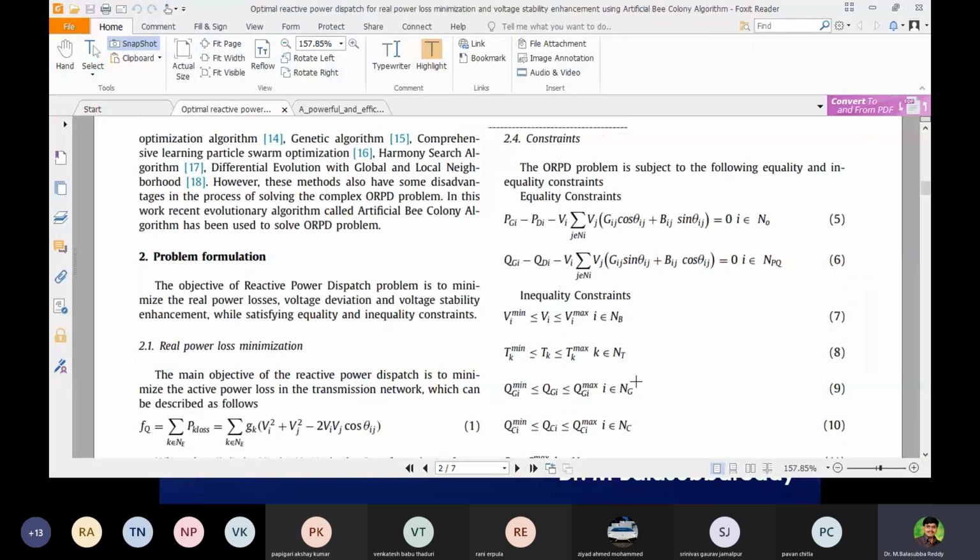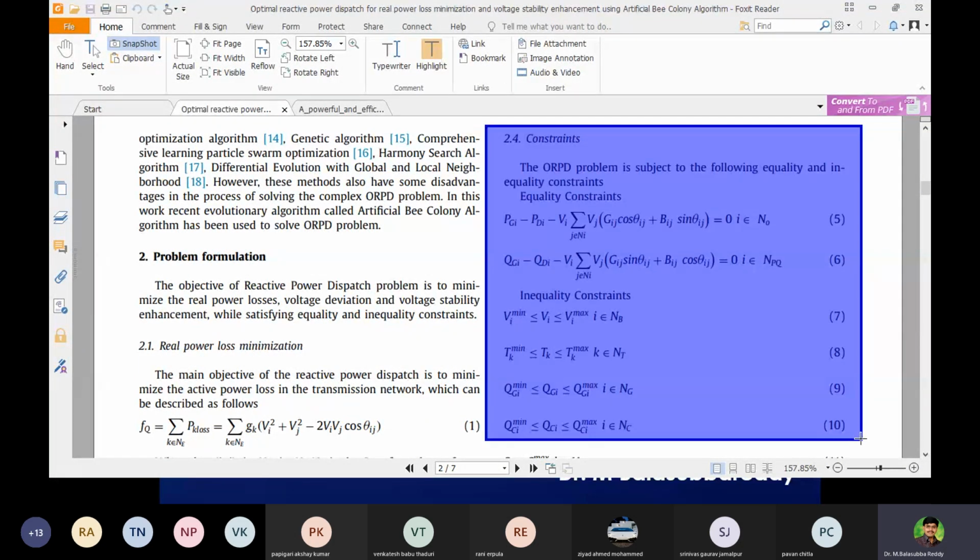Suppose, in a car example, I want a very luxury car. But how much can I spend? There is some limitation. The cost must be 10 lakhs to 15 lakhs, or 20 lakhs to 25 lakhs. There is a limit.